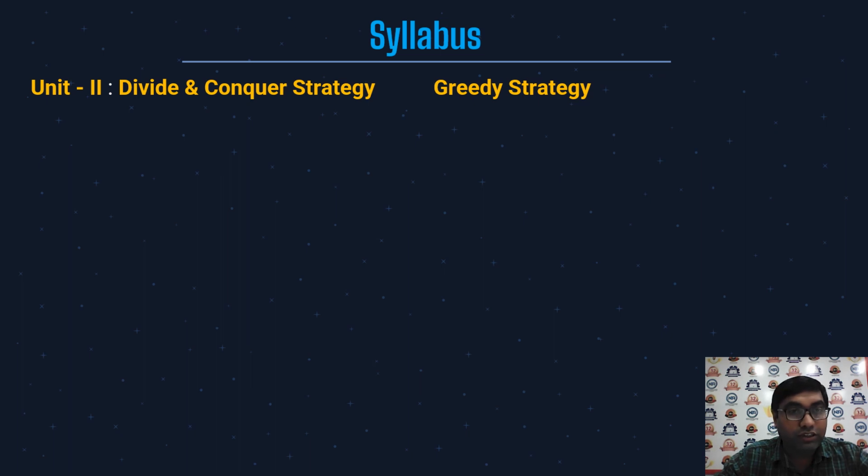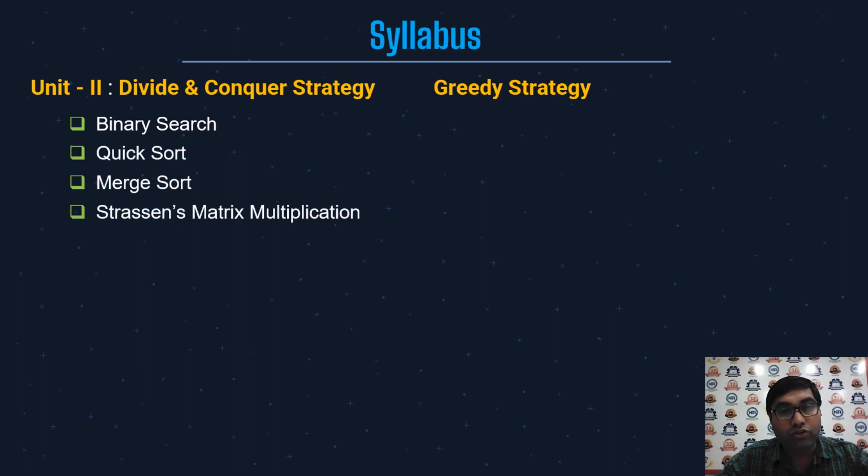In the first half of unit number 2, we focus on the divide and conquer strategy, where we study how to derive the binary search algorithm using divide and conquer, then quicksort, merge sort, and Strassen's matrix multiplication. All these are problems which we have to solve by using the divide and conquer strategy.